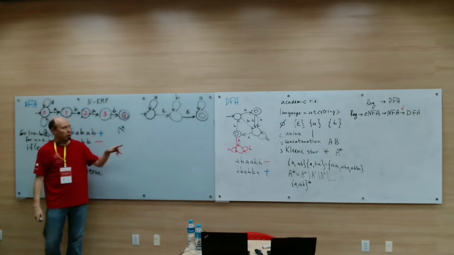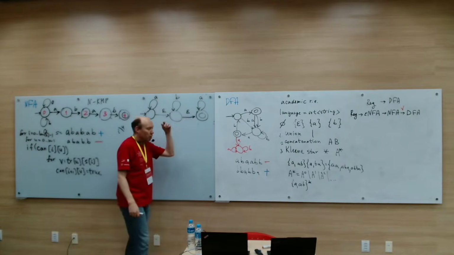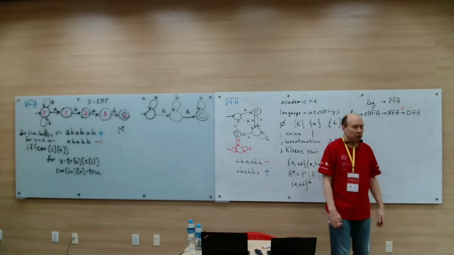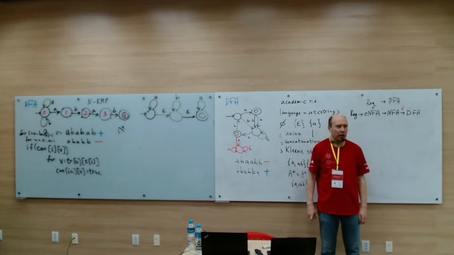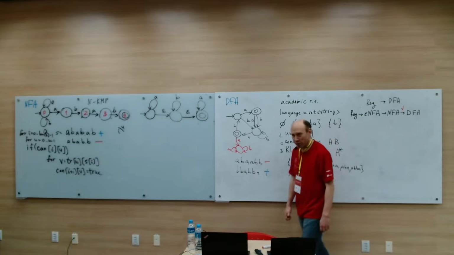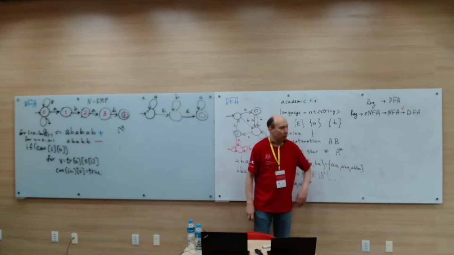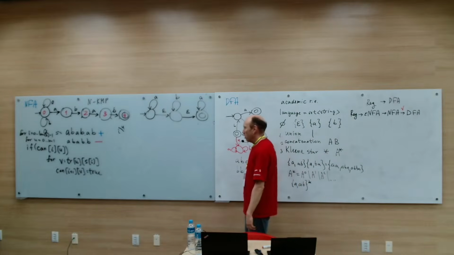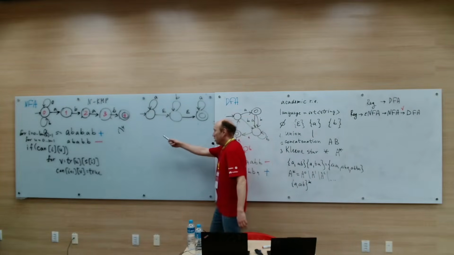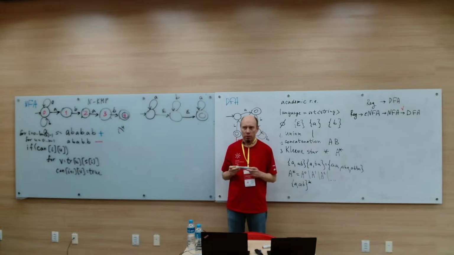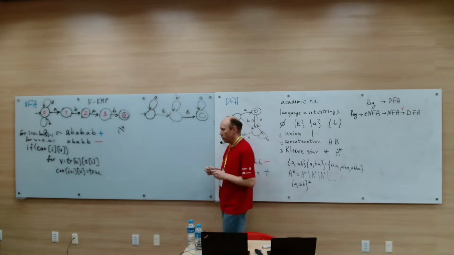So I marked empty transitions with epsilon, which we usually do, because if we don't, there is always misunderstanding: did we forget to put the character there, or is it an empty transition? So we use epsilon for that, and that is why it's called epsilon NFA. So what is the answer? What does this automaton accept? Any number of A's followed by any number of B's followed by any number of A's.